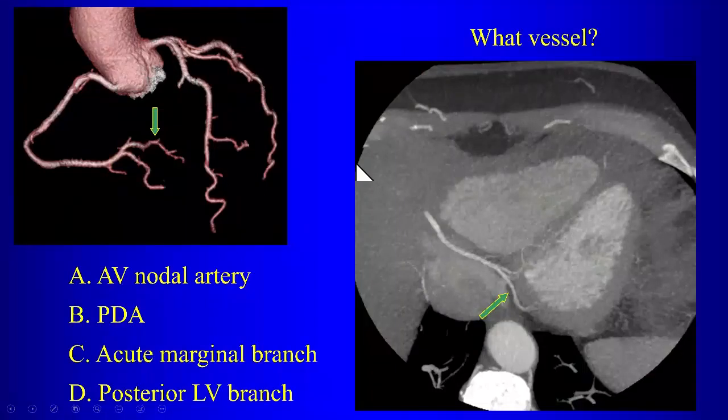Okay, so you guys over here, see the arrow is pointing to this vessel. Okay, see that vessel? What is that vessel? This guy over here is the posterior left ventricular branch, okay?